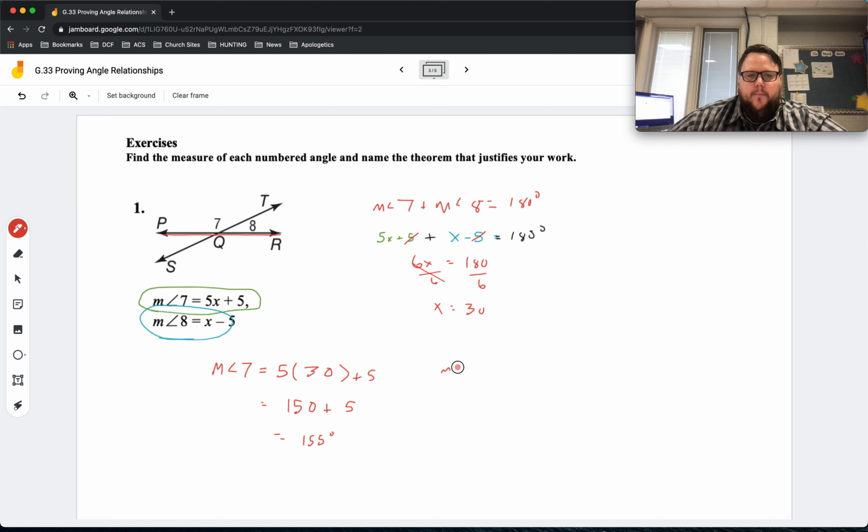And the measure of angle 8 is x minus 5, which equals 30 minus 5, which equals 25 degrees. So the measure of angle 8 is 25 degrees and the measure of angle 7 is 155.